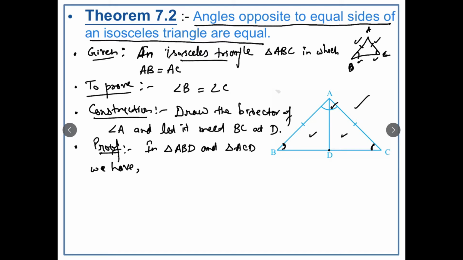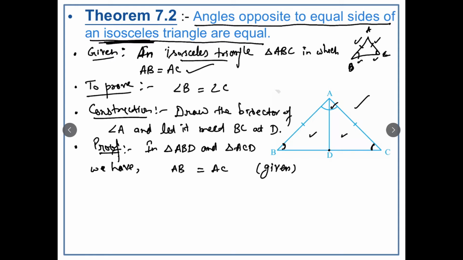So we have side AB equal to side AC. This is given in the statement of the theorem because this is an isosceles triangle in which two sides are equal. That's what we have written here.